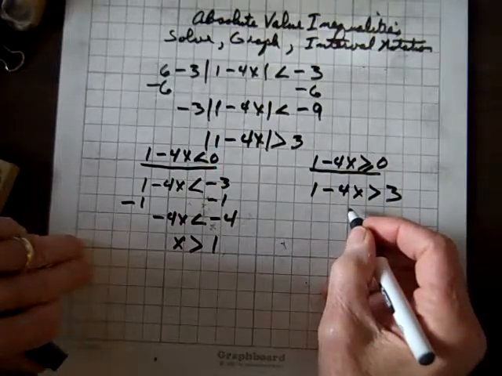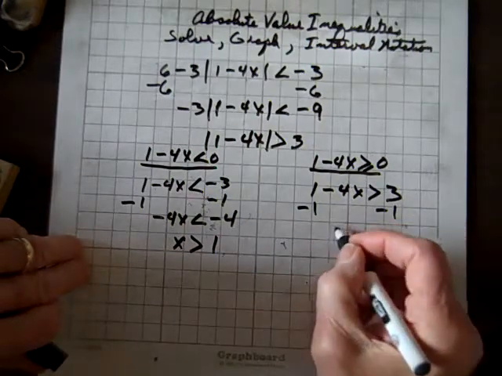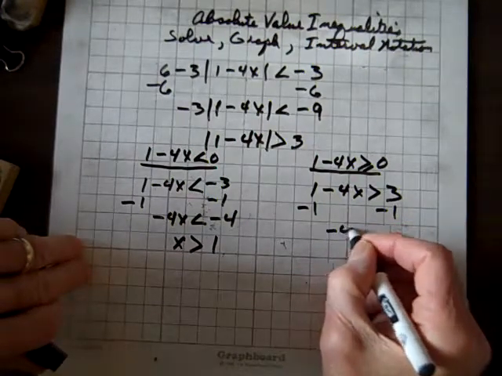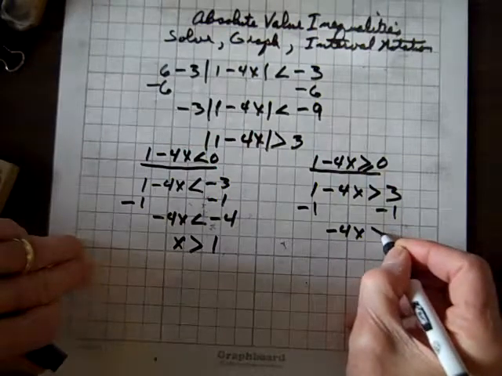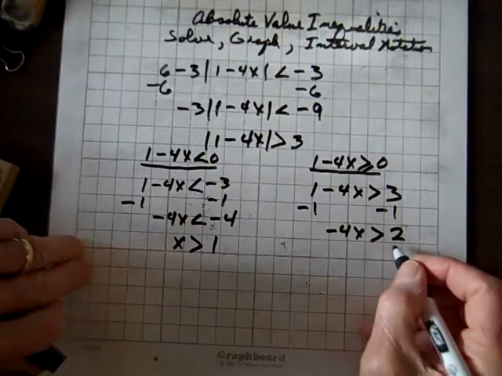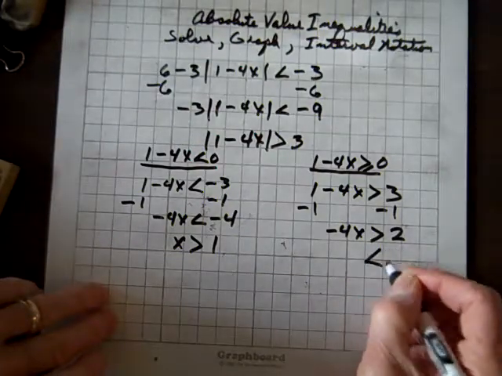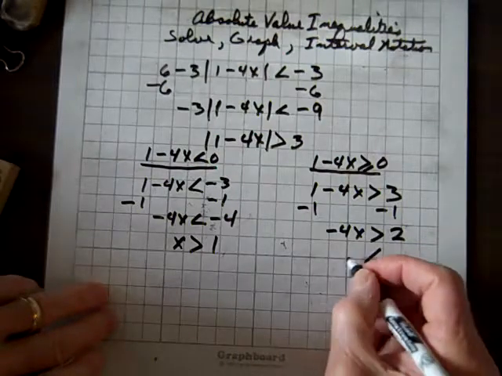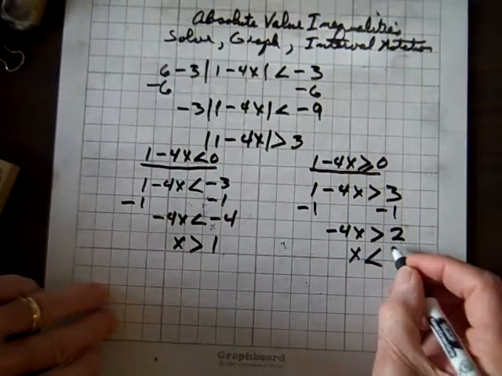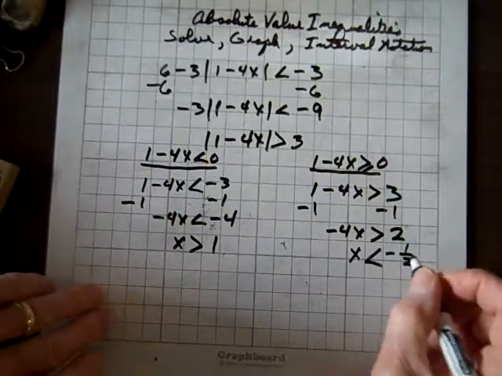Now let's go over here and we'll subtract 1 from both sides, and we get negative 4x is greater than 2, and we'll divide by negative 4 again, so dividing by a negative, we have to flip that inequality, and we get x, and 2 divided by negative 4 is negative 1/2.